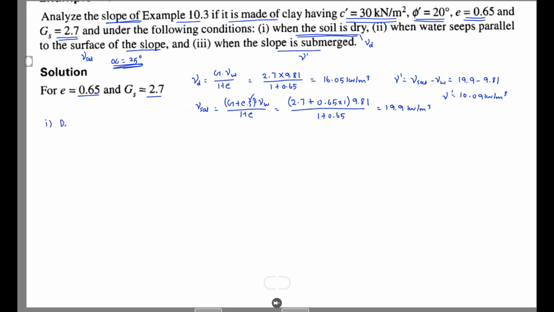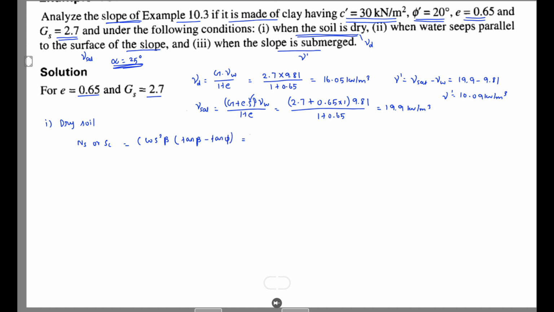When the soil is dry, that is, the backfill is dry, the stability number is denoted Ns or Sc. The formula is cos square beta into (tan beta minus tan phi).